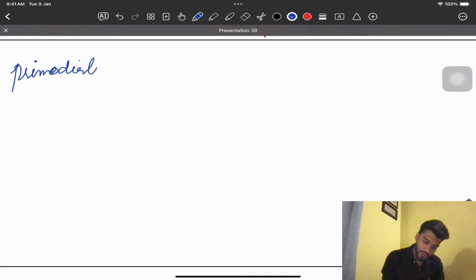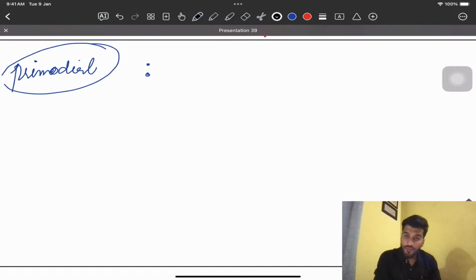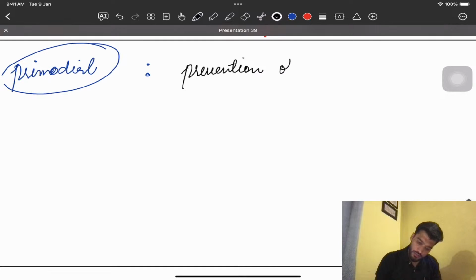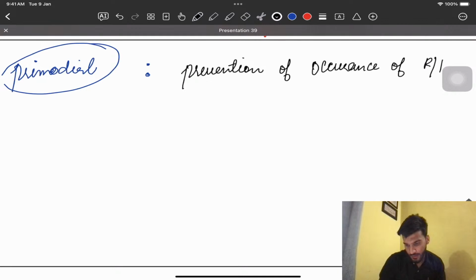If I talk about the first one, primordial prevention, what do I mean by it, guys? It's the prevention of occurrence of the risk factor. For example, you have been advised that you should change the water of the cooler every week. If we do not change it, mosquitoes will come.